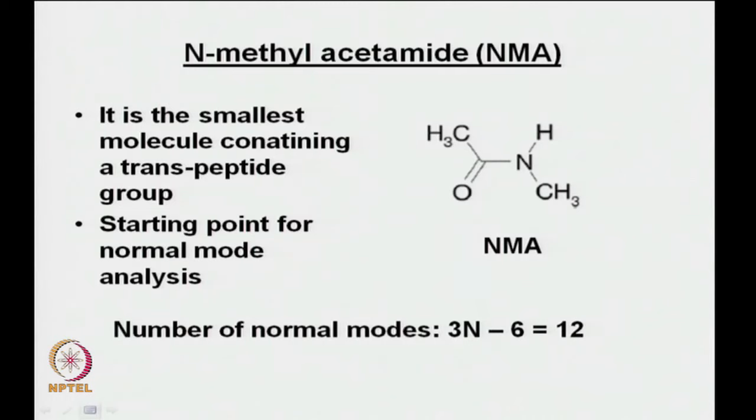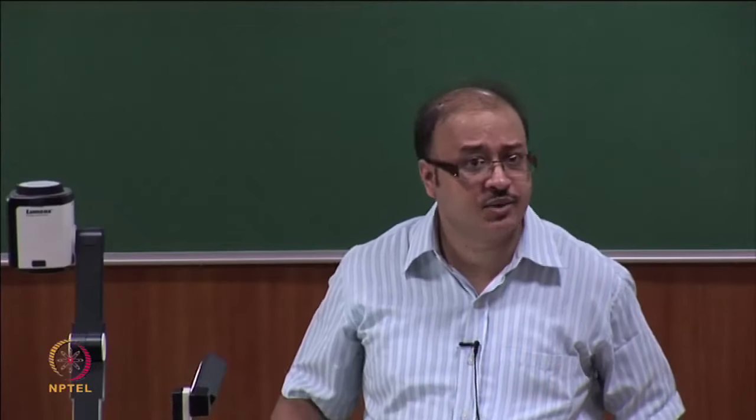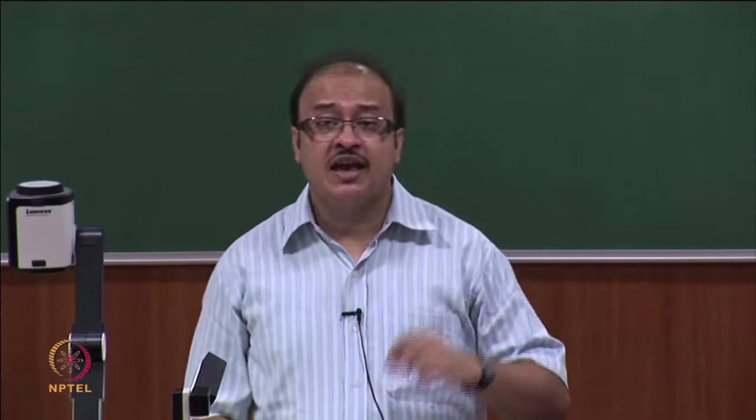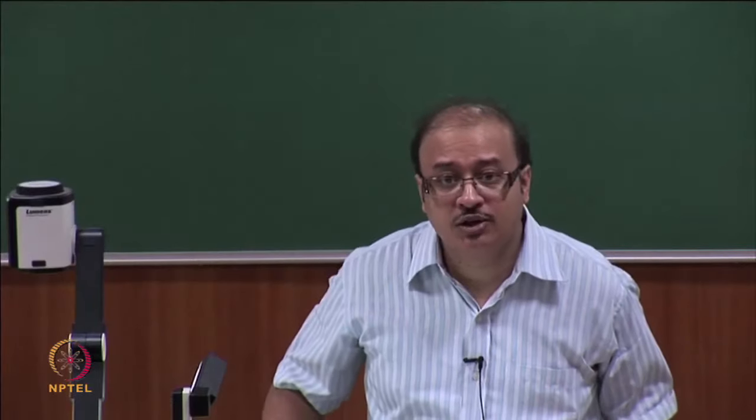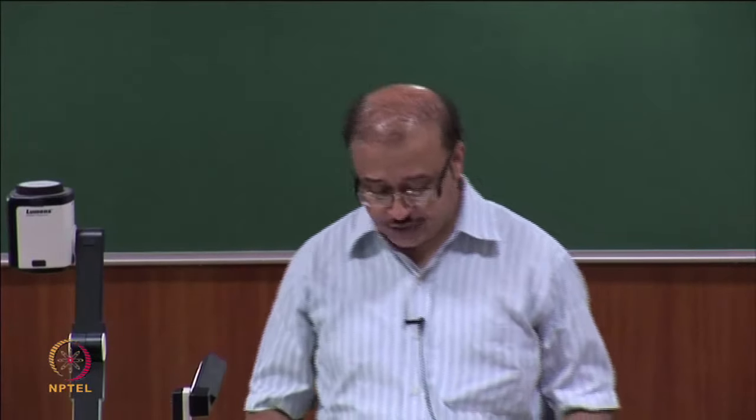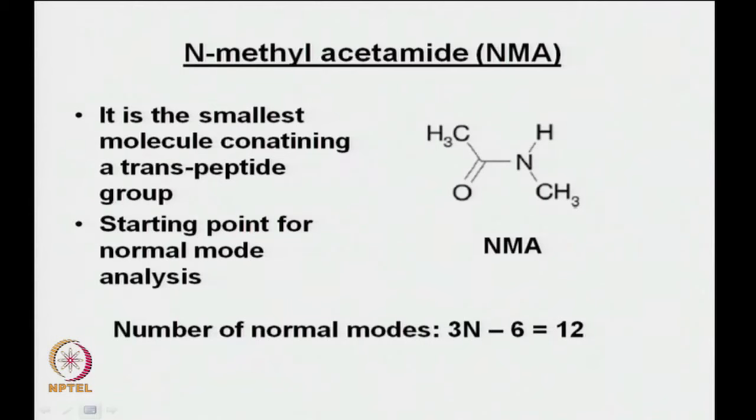Now, the 6 comes from the fact that you have 3 translations x, y and z, and 3 rotations x, y and z again. What is n? N is the total number of atoms in the molecule N-methyl acetamide. So, that means in N-methyl acetamide we will have 12 normal modes, not 1, not 2, but 12 normal modes.